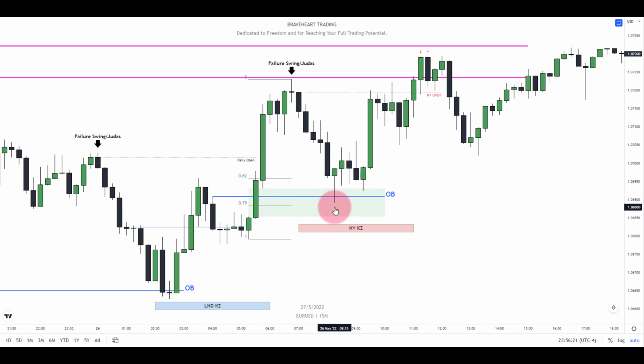So you can see that's where I took my long entry, and you can see that's also blended with New York kill zone, which makes that an even better high probability order block. So high probability order blocks are following time theory, and they also have fair value gaps with them.